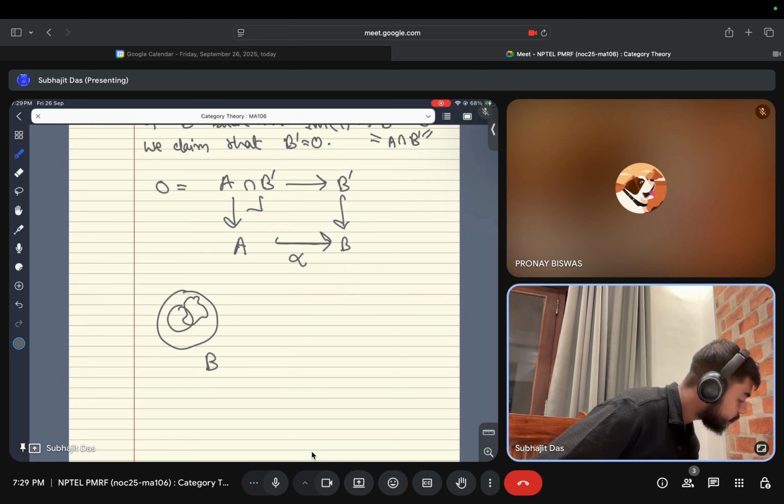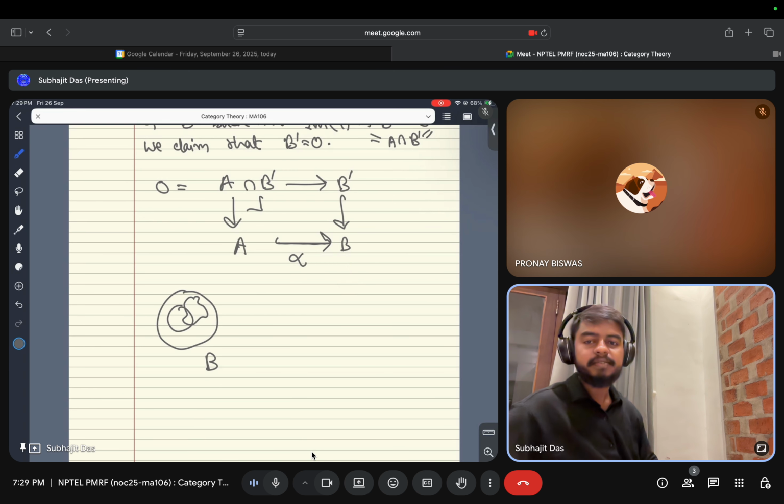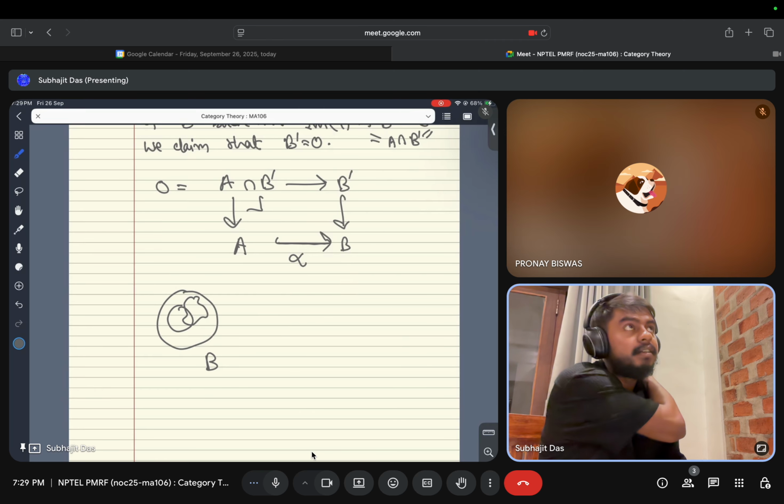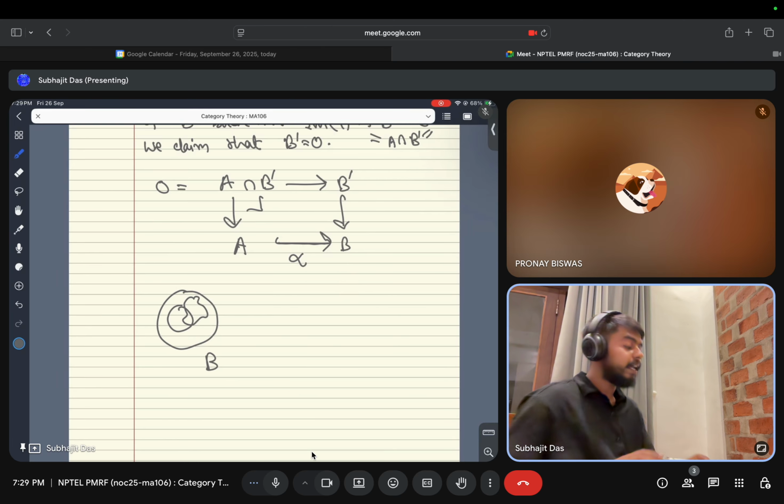So let's write it this way. Sometimes people say that co-products are disjoint to mean this, very roughly speaking. That's not exactly the correct meaning of the word, but in a sense, A and B prime are disjoint.